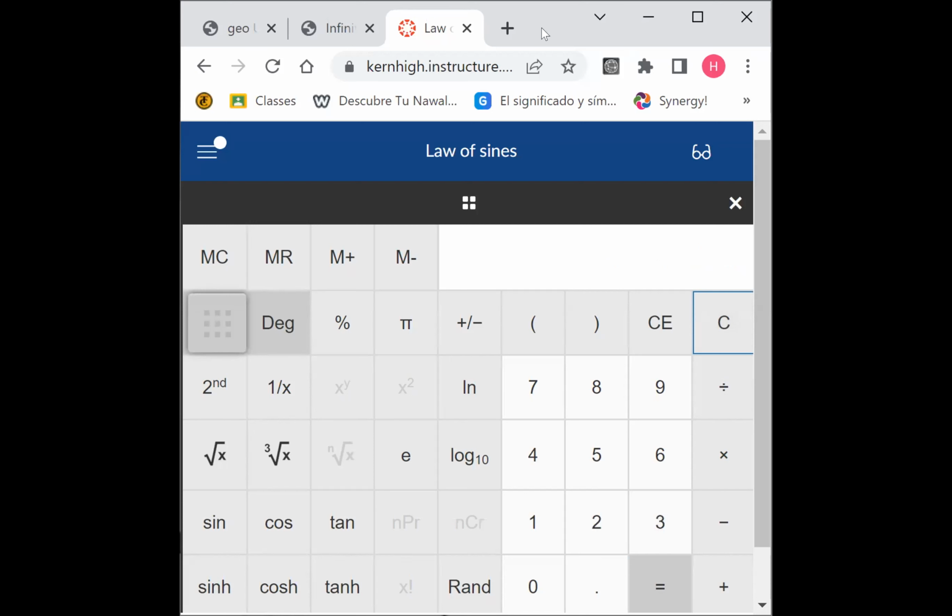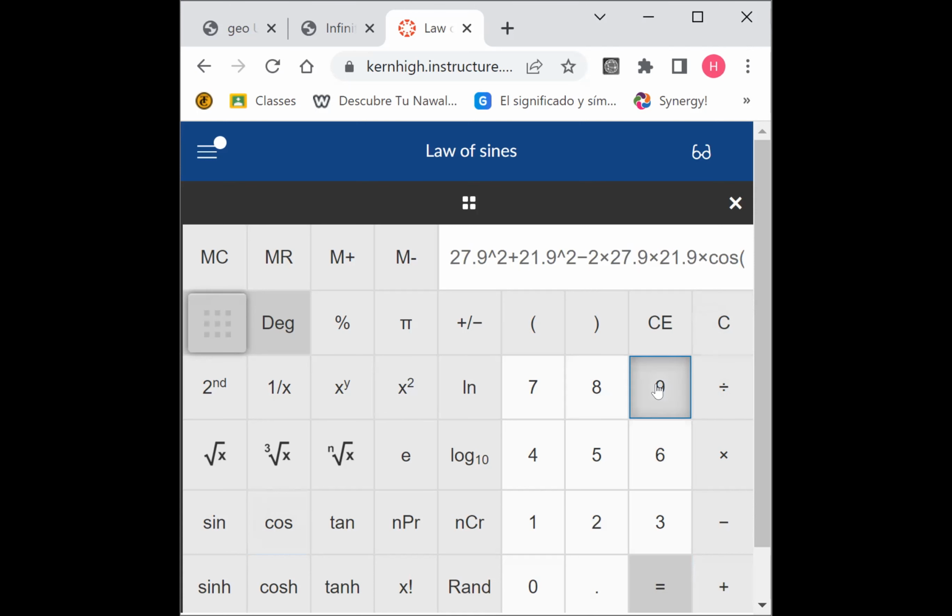So I'm gonna go 27.9 squared plus 21.9 squared minus 2 times 27.9 times 21.9 times cosine of 90.7.